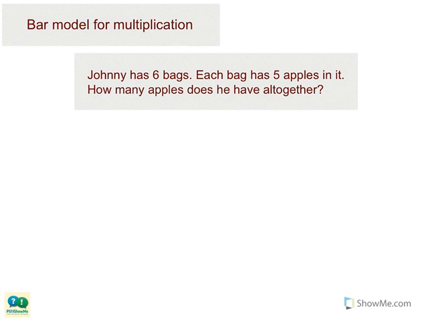First, I have to ask myself, how many groups are in this problem? Well, I see that there are 6 bags, so that means that there are 6 groups in this equation. Then I have to ask myself, how many are in each group?